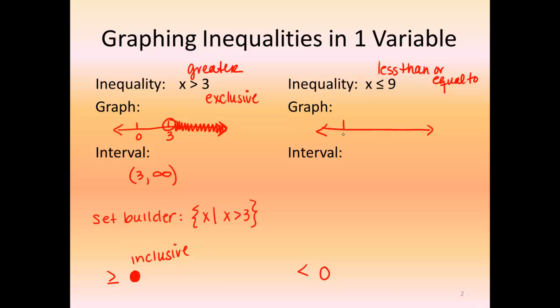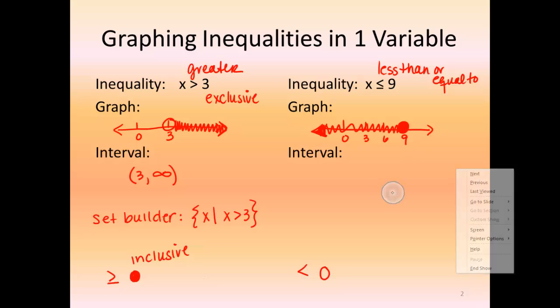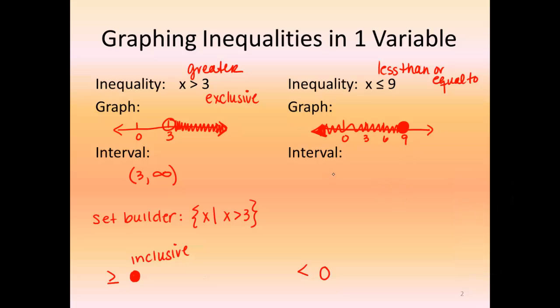Again, I am going to put 0. If you'd like to space it out, you can count by 3s, or you can just place the 9 far enough away from the 0. We're going to put a solid circle on the 9. And because this is less than, we're going to shade in the left direction, representing all numbers less than 9 inclusively.